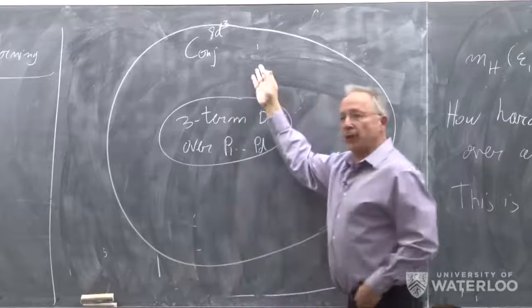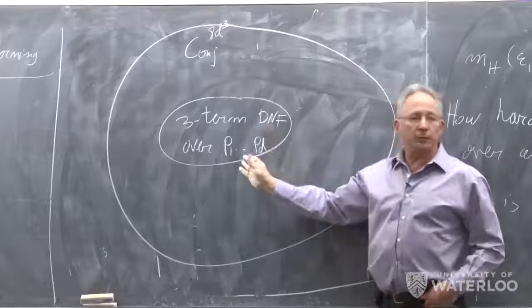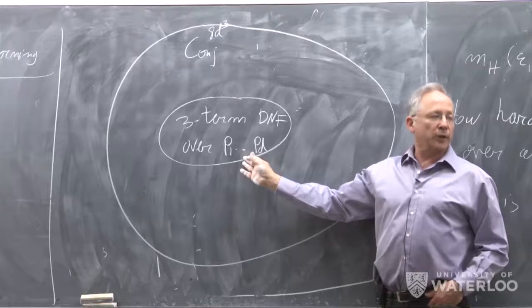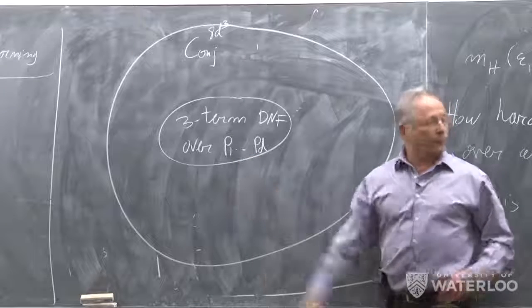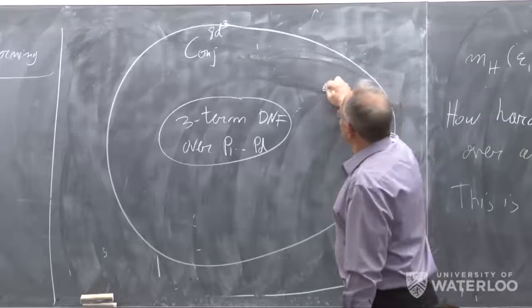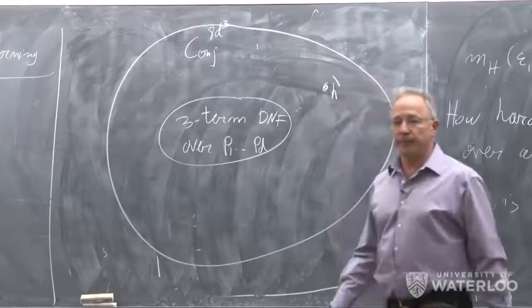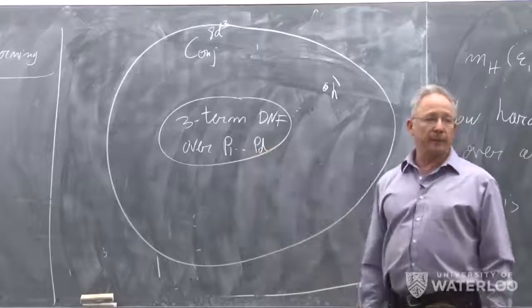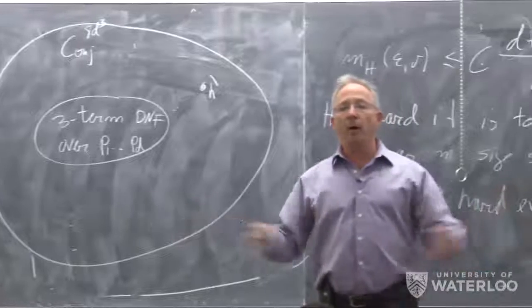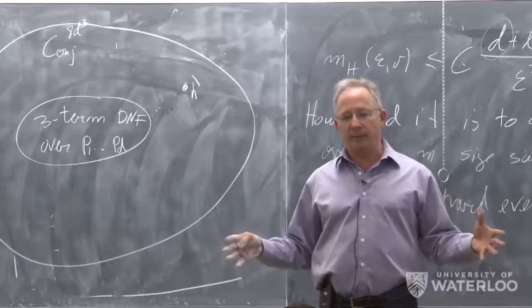But not all of those conjunctions correspond to 3-term DNFs. There are also conjunctions which are not 3-term DNF. So if we run our algorithm, we're going to output most likely some h prime that is not a 3-term DNF, because those big conjunctions can express more than just the 3-term DNFs.